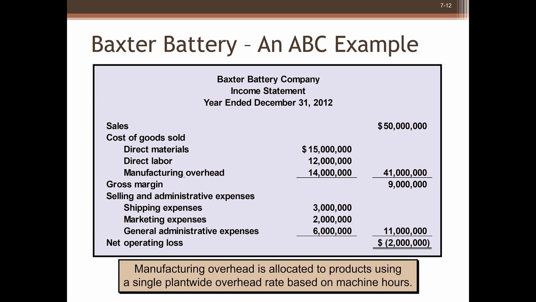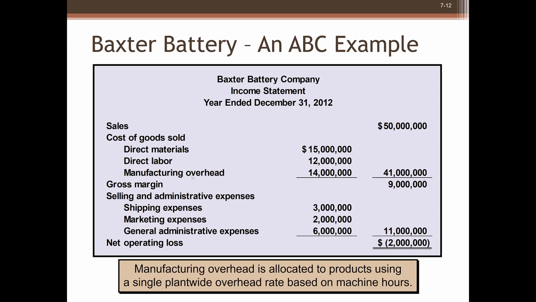In a traditional costing system, manufacturing overhead is calculated using a predetermined overhead rate, which we've learned in the job order costing system. When goods are finished, cost will be transferred from work in process to finished goods. When goods are sold, finished goods will be transferred to cost of goods sold.